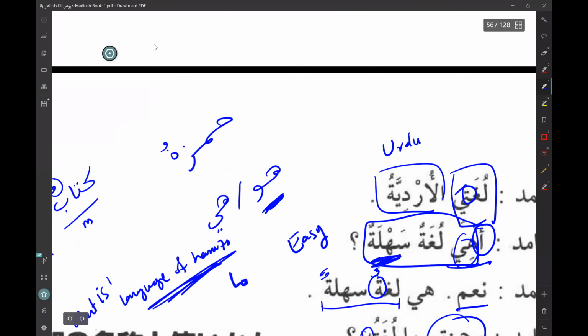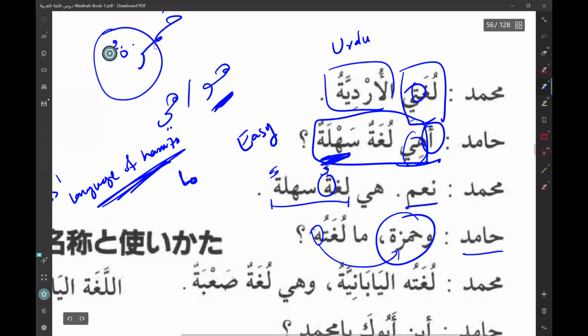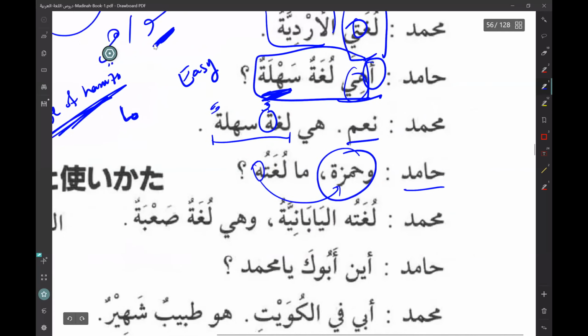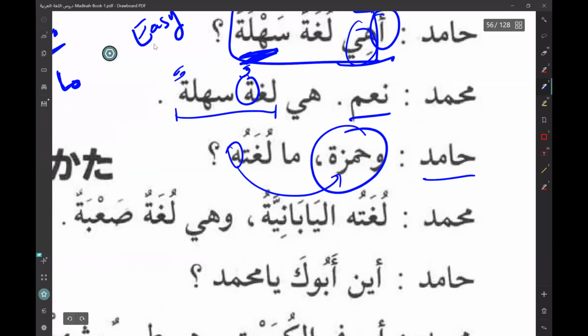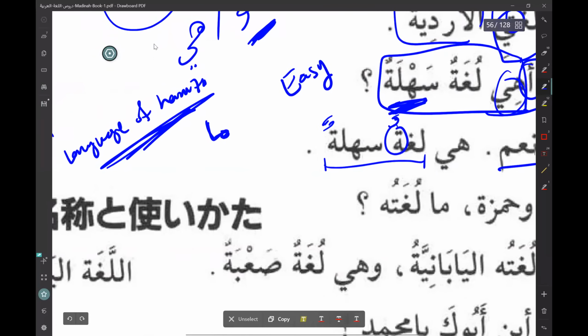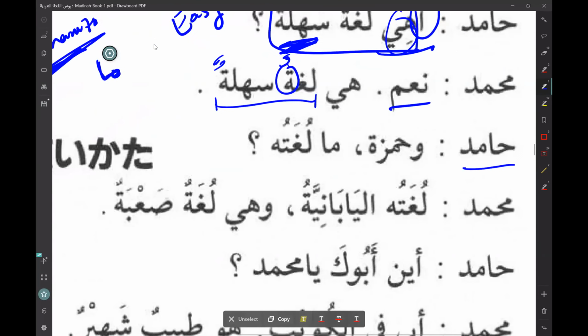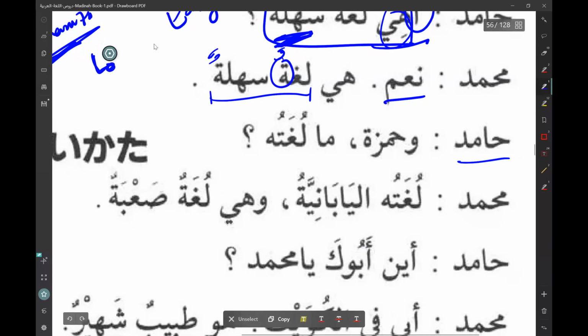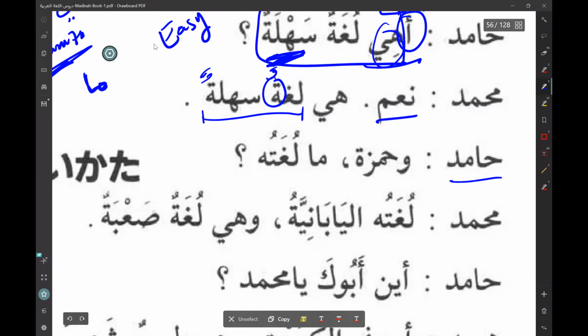Hamza cannot take tanween. You cannot say Hamzatun. That means this is one of the special words, and when you have one of the special words, it's a little bit difficult when you cannot put kasra. So that's why they are not showing you. Anyway, I'm just letting you know. But if it was any other name, like Muhammad, you can say ma lugatu Muhammadin. Now this is fine. Not din, okay? Muhammadun, Muhammadin, Muhammadan.